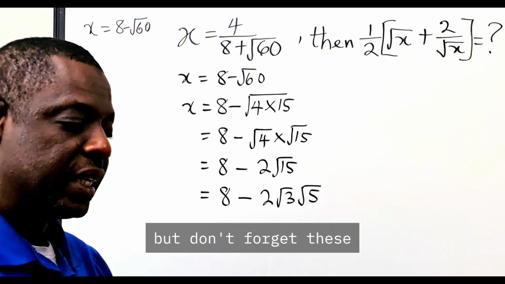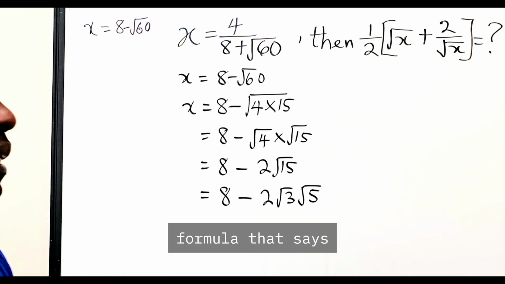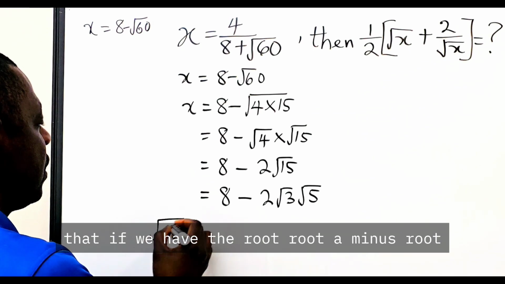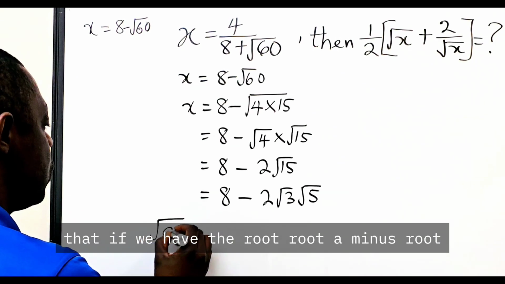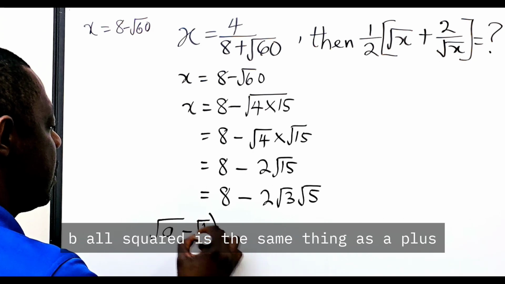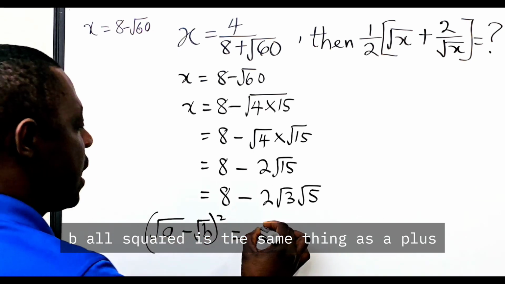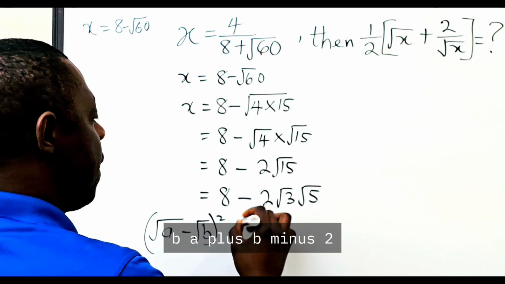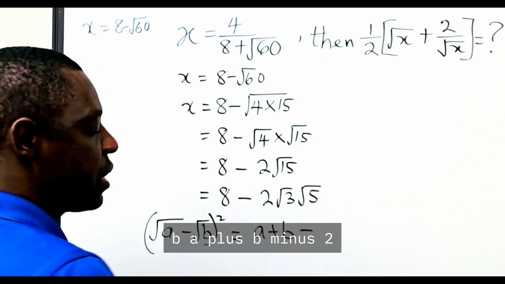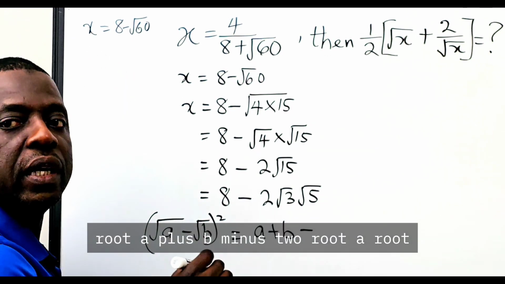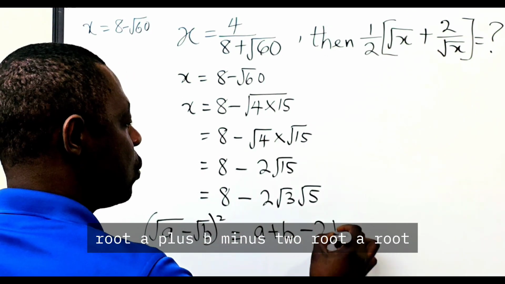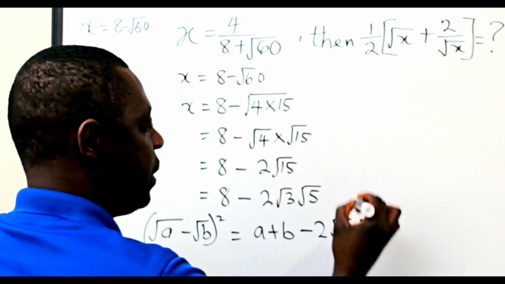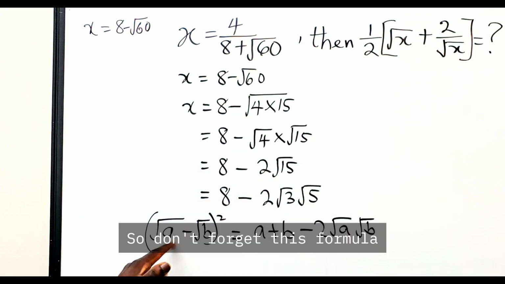But don't forget this formula that says that if we have root a minus root b all squared, it is the same thing as a plus b minus 2 root a root b. So don't forget this formula.